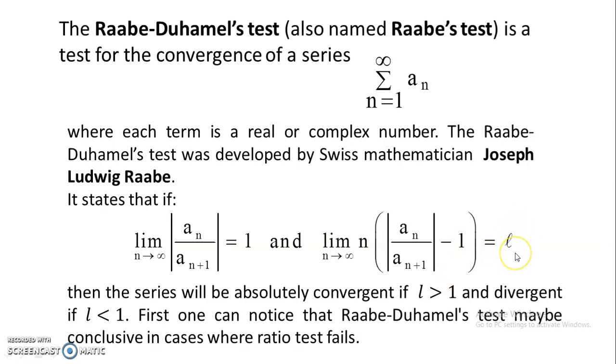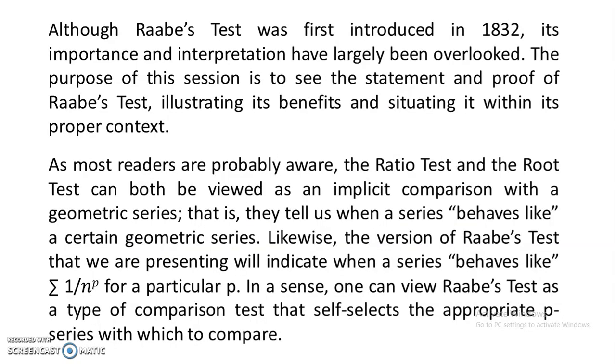First, one can notice that Raabe's test may be conclusive in the cases when D'Alembert's ratio test fails.